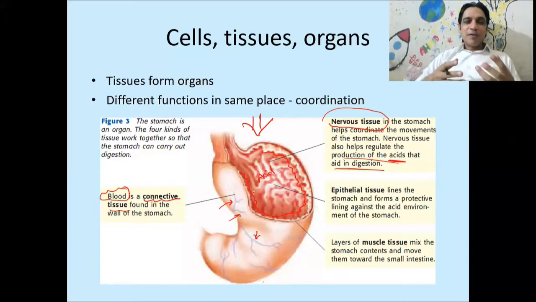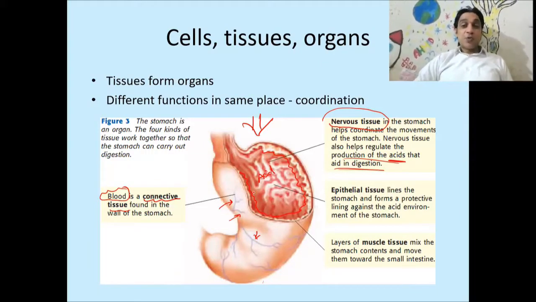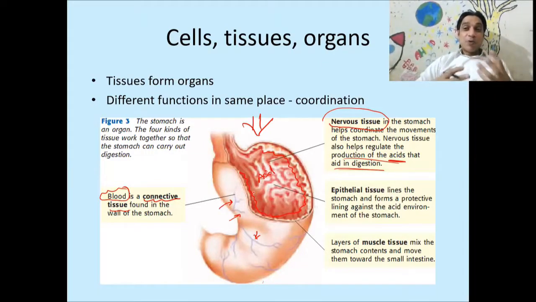It starts producing acids and enzymes depending on the nature and kind of the food. If you are thinking about chicken, mutton, beef, a lot of proteinaceous food, your stomach will start producing a lot of acids and enzymes, because it is expected that a lot of proteins are about to land in the stomach.